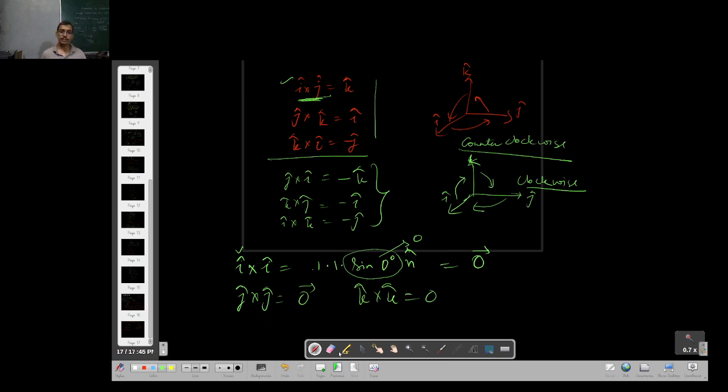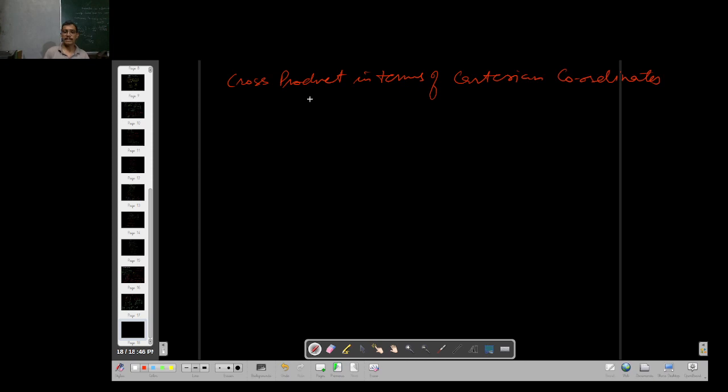Now let me express cross product in terms of Cartesian coordinates. So let us call A equal to ax i cap, ay j cap, and az k cap.